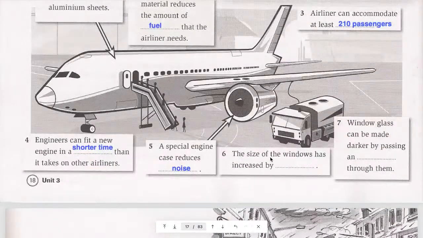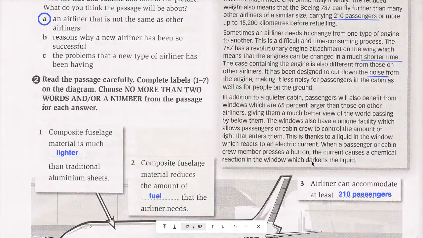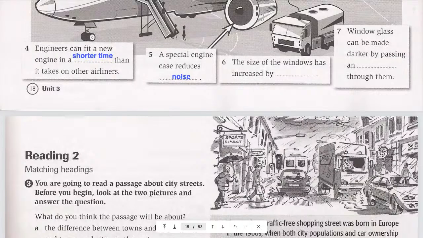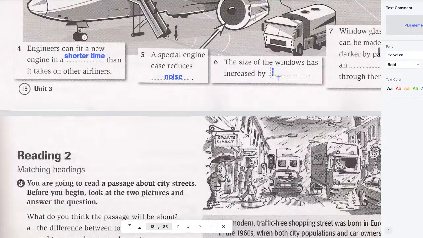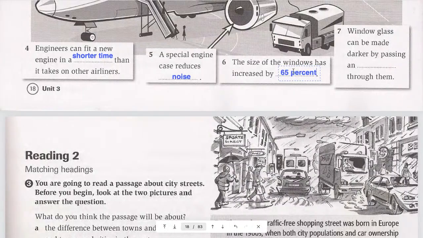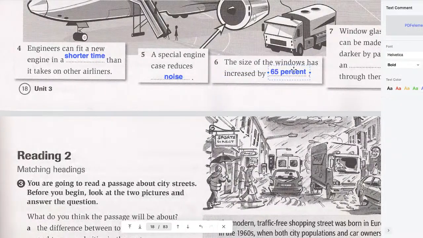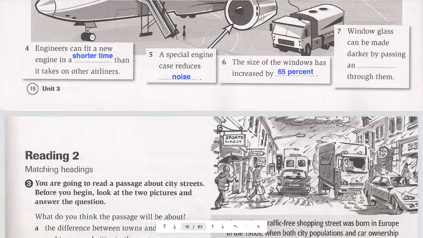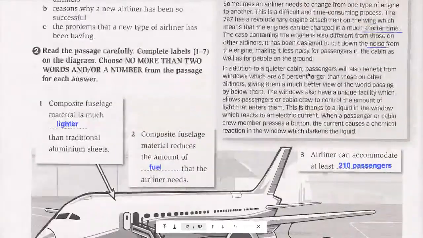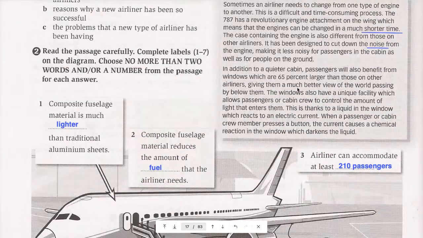Okay, makes sense. Now number 6, the size of the windows has increased by... 65%. Increased by 65%. Okay, the answer is 65%. Where is that? The last paragraph.